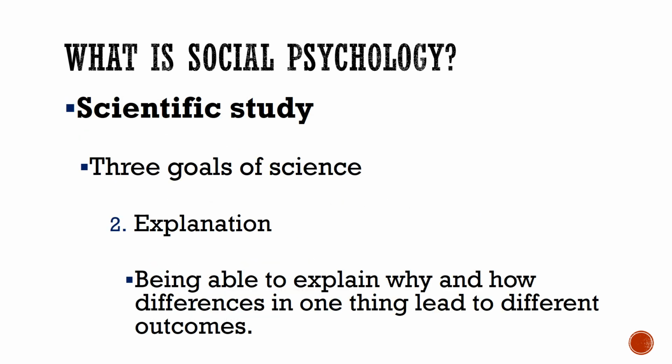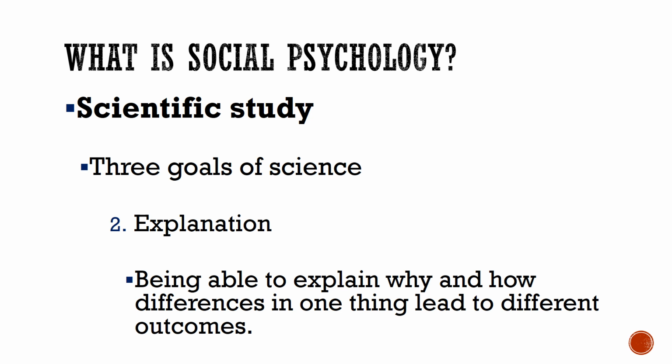The second goal of science is explanation. Once scientists believe that they have adequately and accurately described something, they try to explain why this something exists and how this something came about. For example, consider any particular attitude, say one's attitudes toward homosexuality.